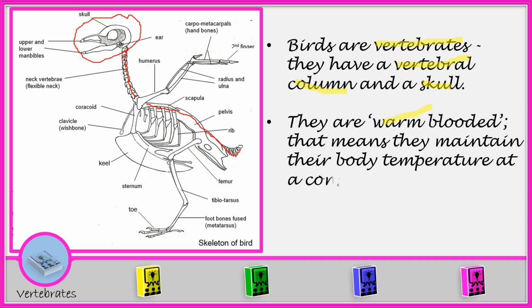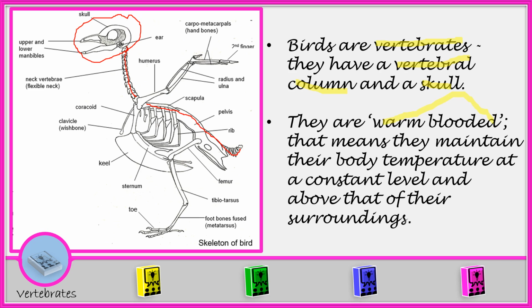They are warm-blooded animals. That means that they maintain their body temperature at a constant level and above their surroundings. So the birds have a warm-blooded body.